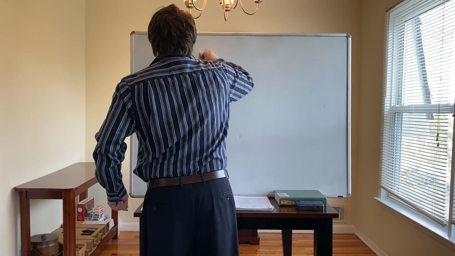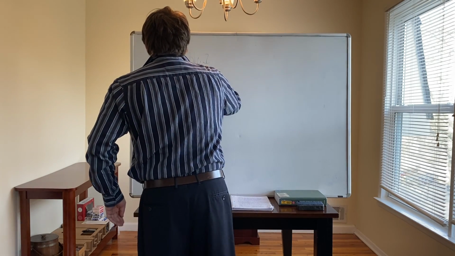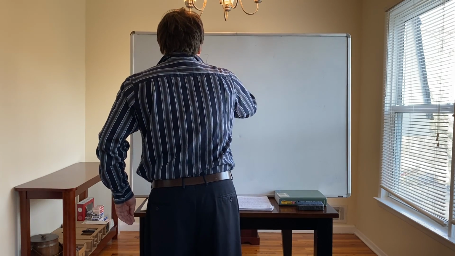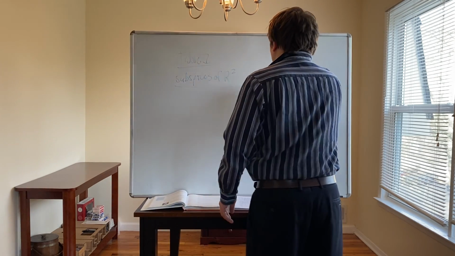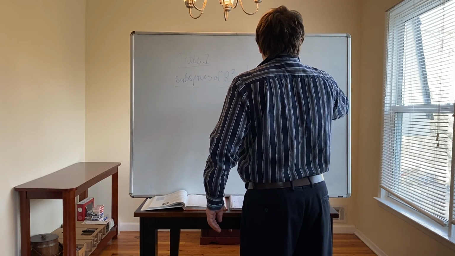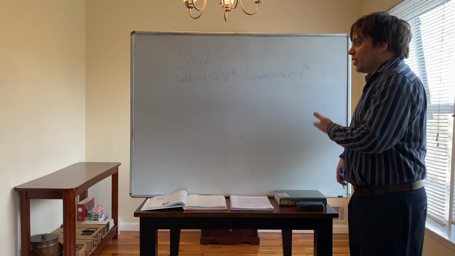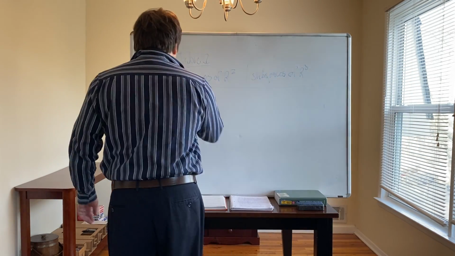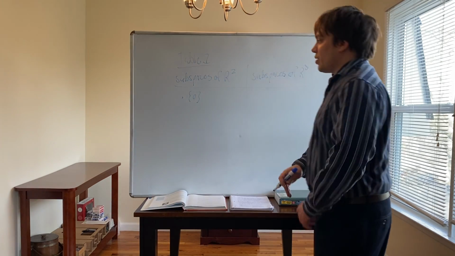We have table 1 here in this section. And in table 1, we have subspaces of R2 and subspaces of R3. Okay, so we're supposed to use R2 and R3. So the origin is a subspace of R2.